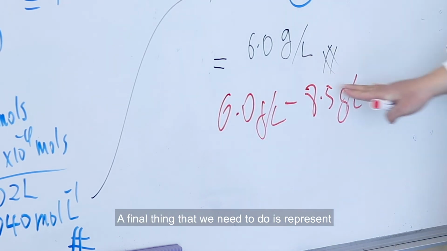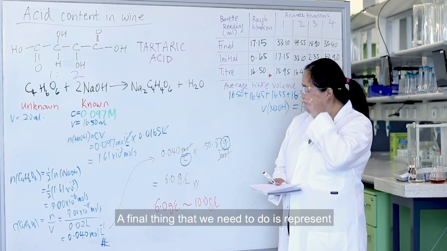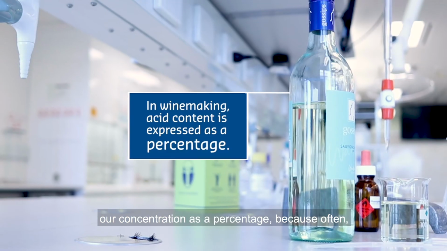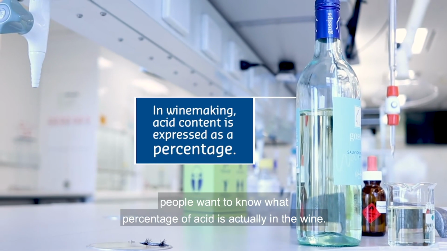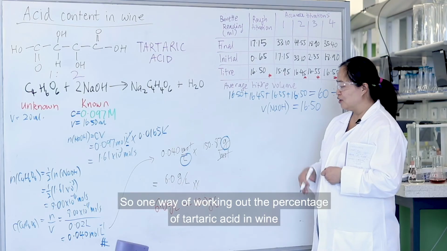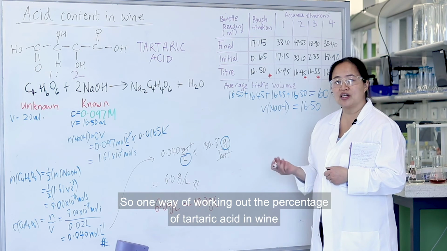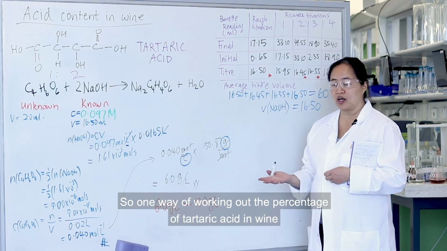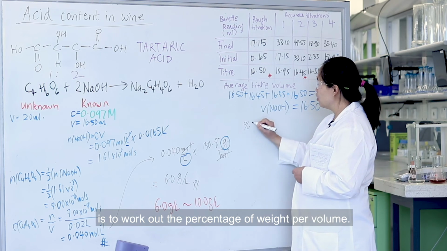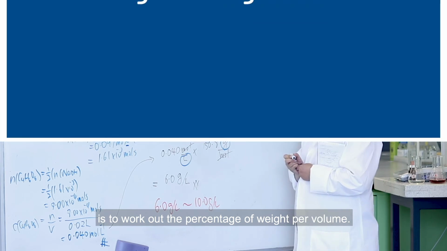A final thing we need to do is represent our concentration as a percentage, because often people want to know what percentage of acid is in the wine. One way of working out the percentage of tartaric acid in wine is to work out the percentage weight per volume.